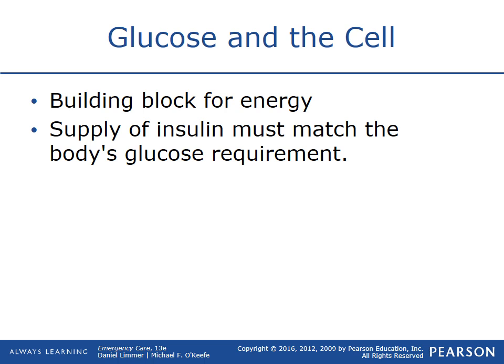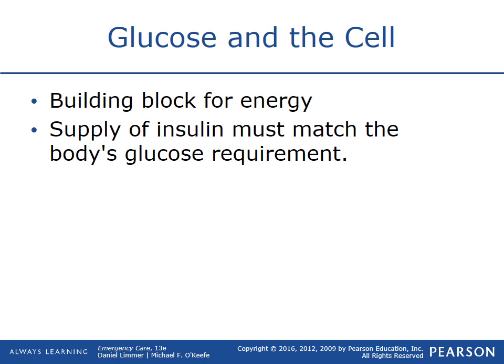In order for the cell to have glucose, you have to eat something with sugar that's going to turn into glucose, number one. And then second of all, you've got to have insulin, because insulin is the key that unlocks the cell door to let glucose in. Glucose cannot get into the cells without insulin.